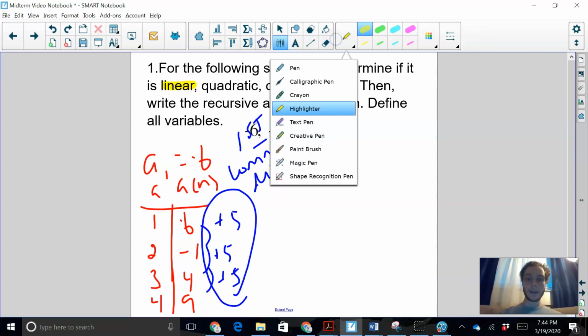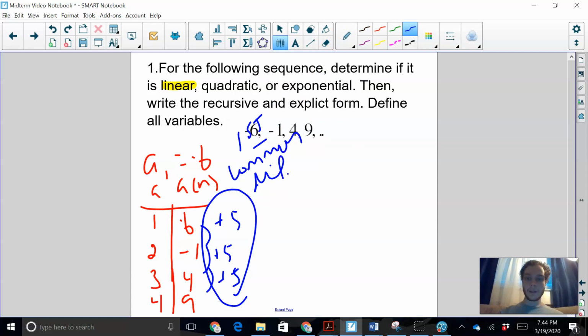Okay, so if I'm going to write the recursive form of this, we know that our first term is negative 6. And then, typical from a sub n, that would just be the previous term, or a sub n minus 1, plus our common difference, in this case plus 5.